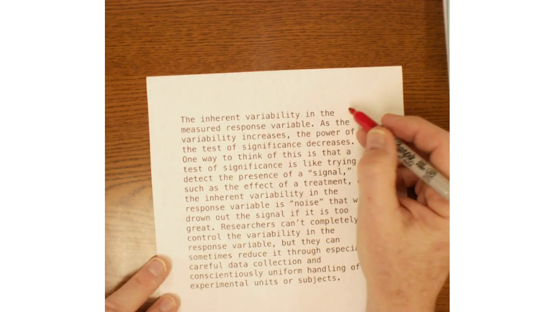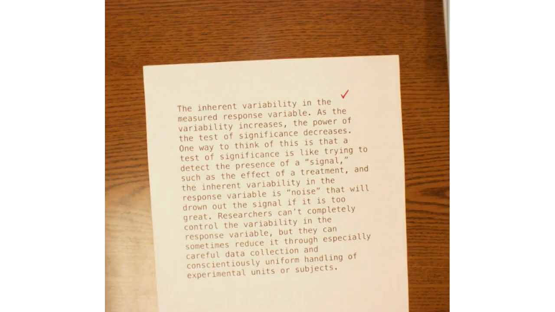And that's kind of what this question is saying. The inherent variability of the measured response variable. What the heck does that mean? In other words, if something is more variable, if my p hat is more variable, it tends to vary more, then the power of my test goes down. So if I have a more consistent sample, my power goes up.